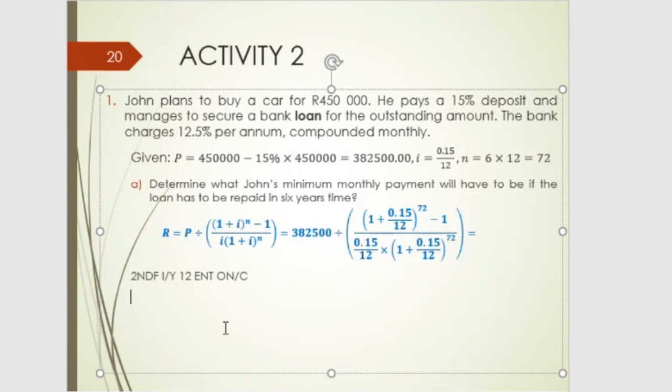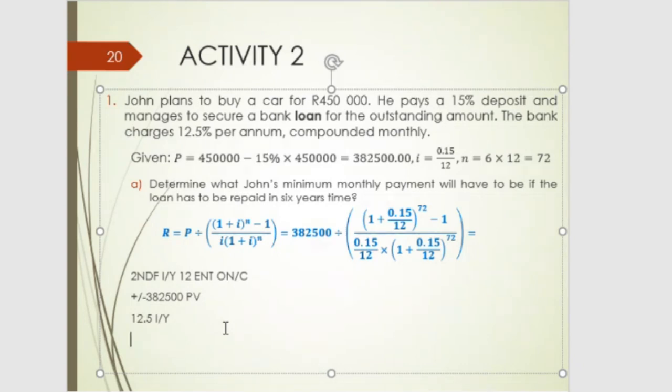After that, let's see. We have that 450 plus or minus. Oh, it's not going to be 450 because we've calculated the amount, which is 382500. It's our PV. What else? We have 12.5, it's our interest per year.